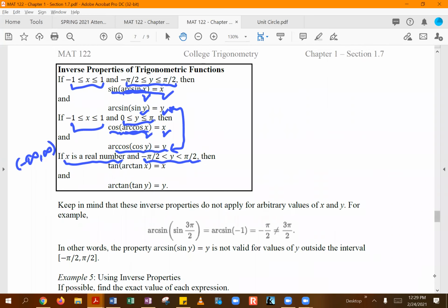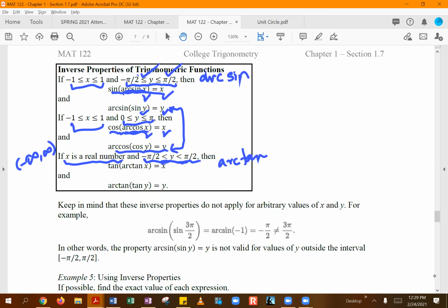One thing I want you to notice as the difference: with the arc sine function, we are including negative pi halves and positive pi halves in our y value. But for the arc tangent function, you are not including your negative pi halves and positive pi halves, because remember, tangent has asymptotes at these two values, so you don't include them in the domain of the tangent function.